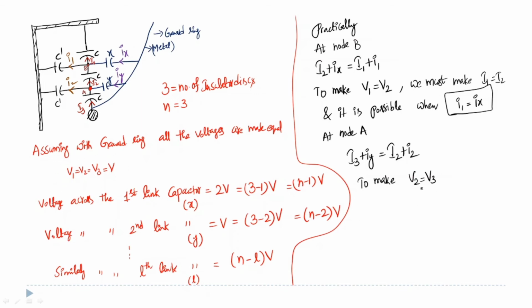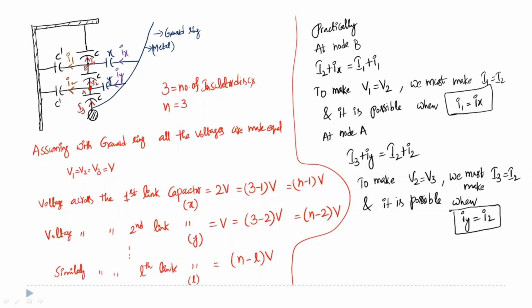To make V2 equal to V3, we must make capital I3 equal to capital I2. From this equation, capital I3 becomes equal to capital I2 when Iy is equal to I2, and it is possible when small Iy is equal to small I2.